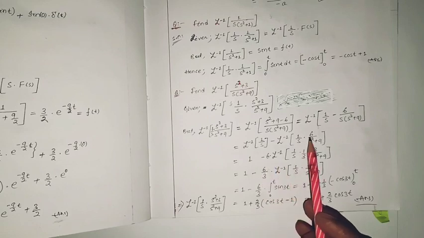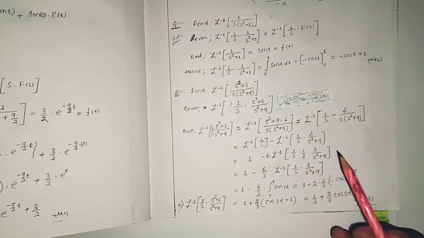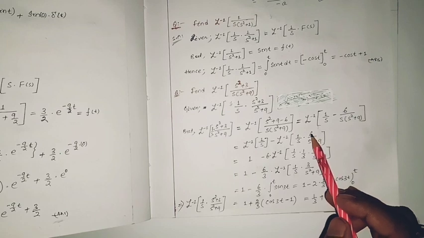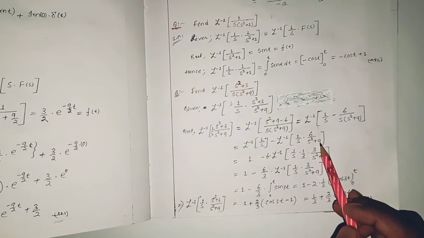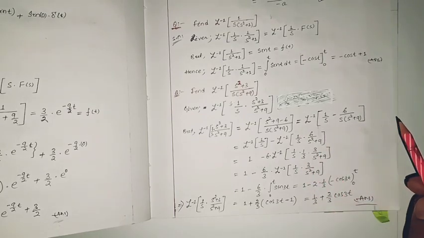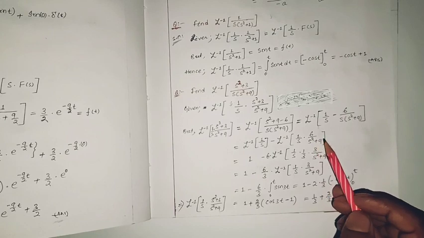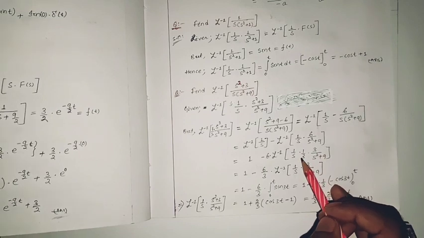Minus 6 is your constant, taken outside the inverse Laplace transform of this one, 1 by s. Here you can see that whenever we take 6 outside, it will be 1 by (s square plus 9). So to convert to a suitable function, I multiplied by 3 and divided by 3.